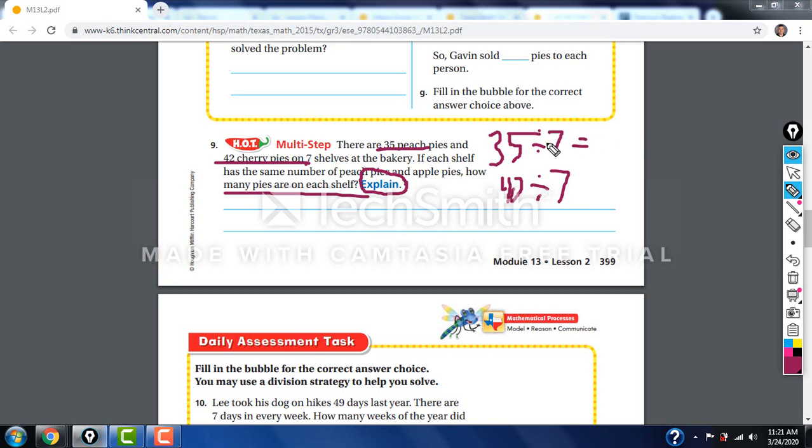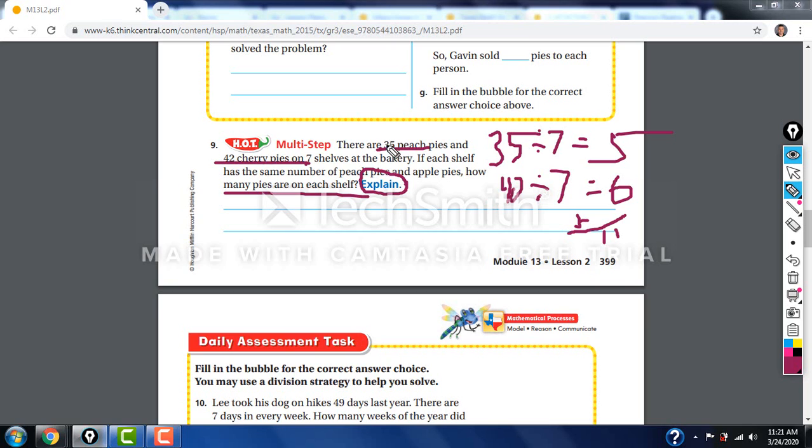That'll equal 5. That'll equal 6. And if you add those 2 together, that'll give you 11. So your answer is 11. How many pies are on each shelf? There's 11 pies on each shelf.